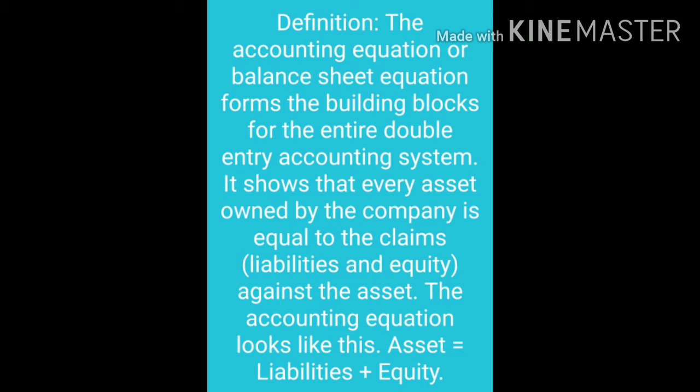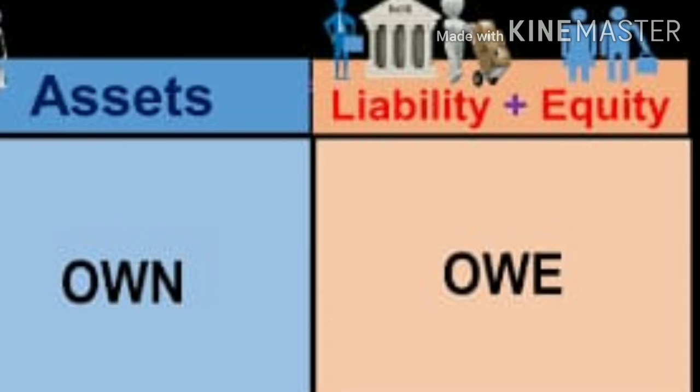The accounting equation looks like assets equal to liabilities plus equity, or you can say assets equal to liabilities plus capital. It signifies that the assets of a business are always equal to the total of capital and liabilities.